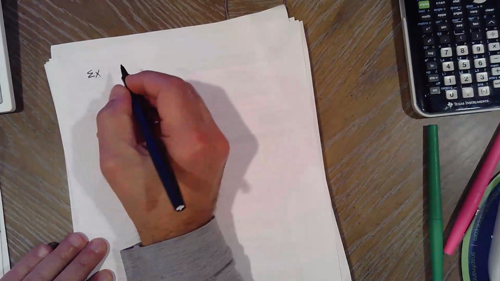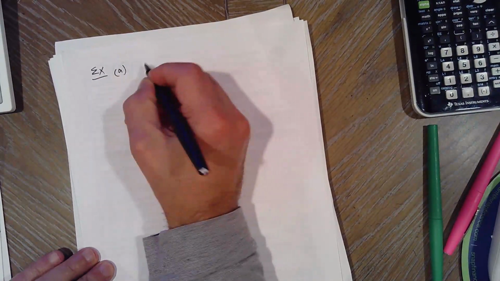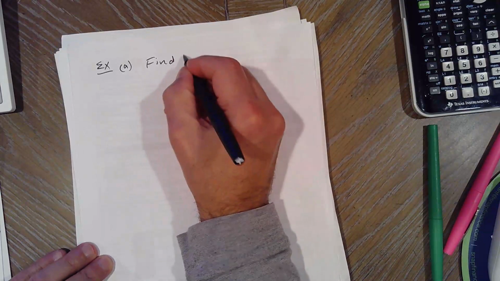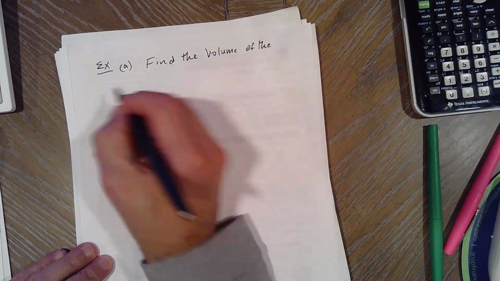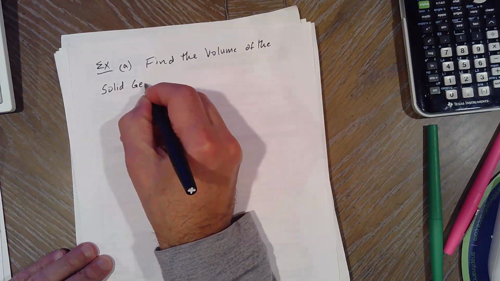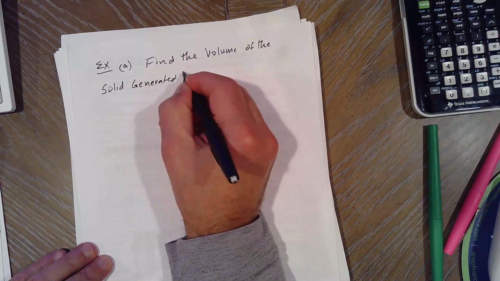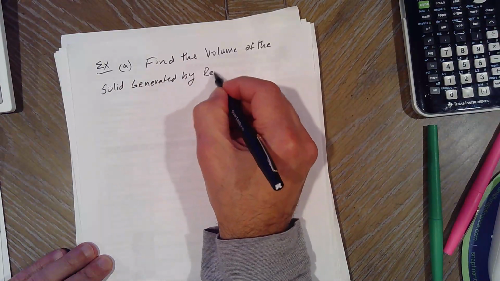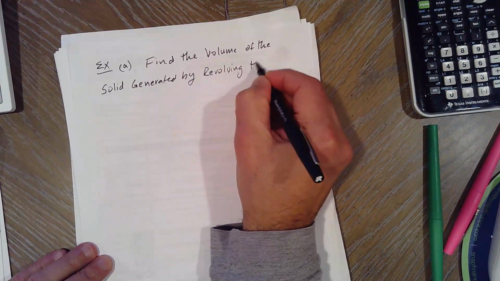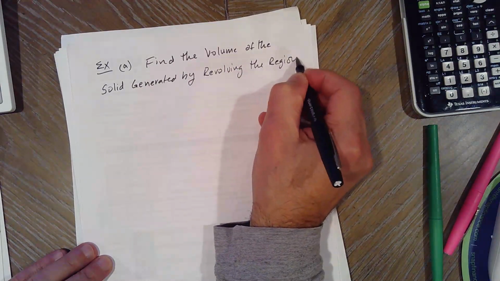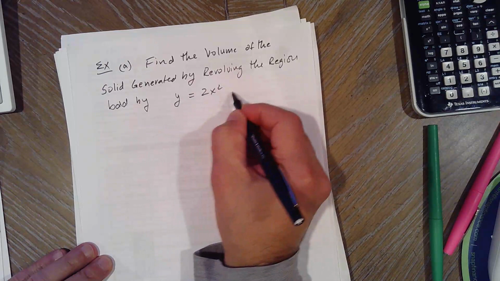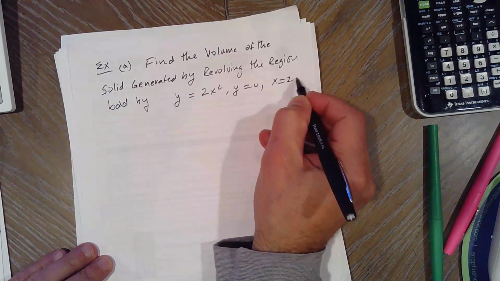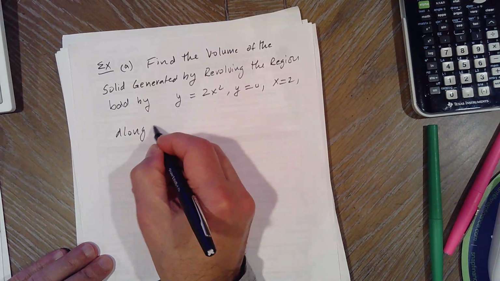Okay, let's see more examples. Part A, find the volume of the solid generated by revolving the region bounded by y equals 2x squared, y equals 0, x equals 2, so we're revolving along the x-axis.